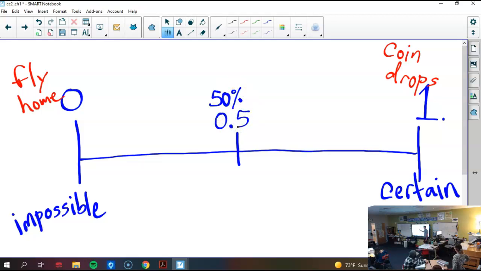So I would put both of those numbers in the middle. What fraction would this be? 1/2. Yeah, so a normal fair coin with heads on one side, tails on the other, is a 50-50 chance.